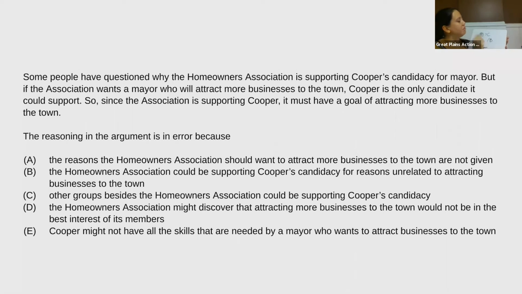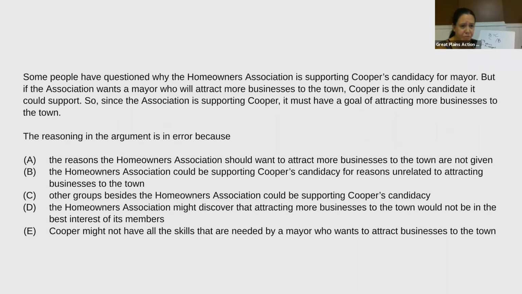So while that would be sufficient, it's not necessary. Just because they support it doesn't mean that that was the reason it was being supported. So B tells us, in other words, that they were mistaking a necessary condition for a sufficient condition. So they could be doing it for reasons other than that.